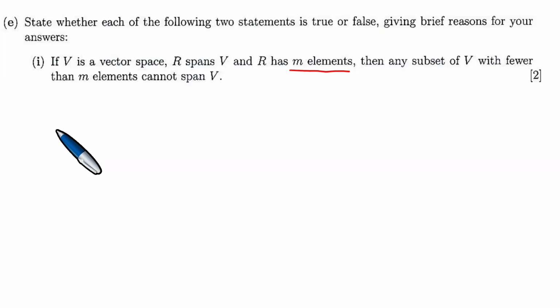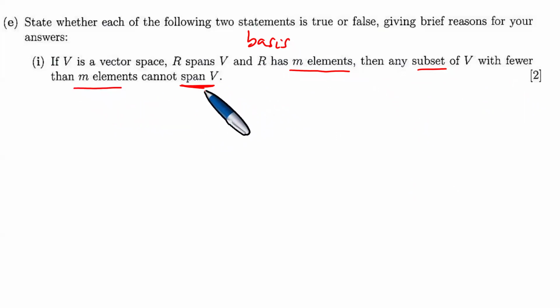This one is very interesting, and it hinges on two things before you even start arguing. The examiner is using the word span, and then we have the word basis. A span can have any number of elements, but bases have a fixed number of elements.